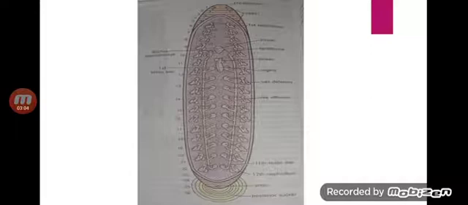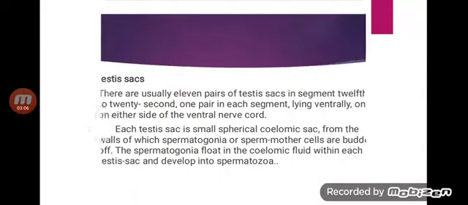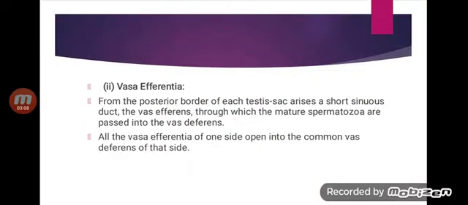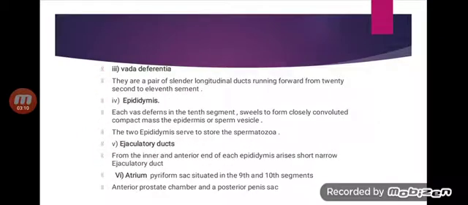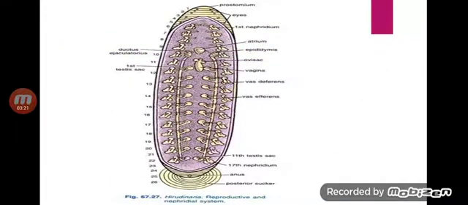And the vasa deferentia are a pair of slender longitudinal ducts running forward from the 22nd to the 11th segment, lying along the ventral body wall on either side of the nerve cord.